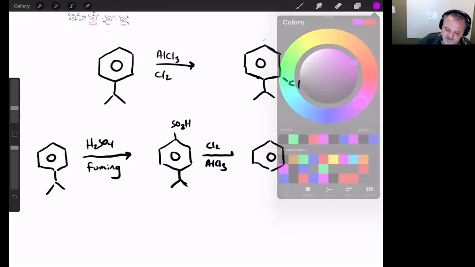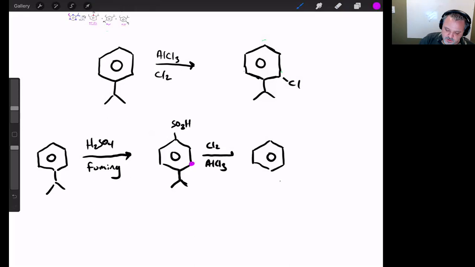The directing effects of the isopropyl group are ortho and para. Again, para is busy. And it turns out that this is a deactivator. It's going to direct meta. And so at the end of the day, they're both directing to the same positions. So when I do the chlorination, I'm going to get the chlorine attached where I want it to be.